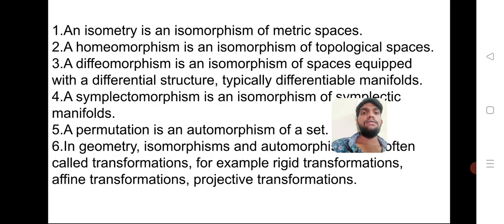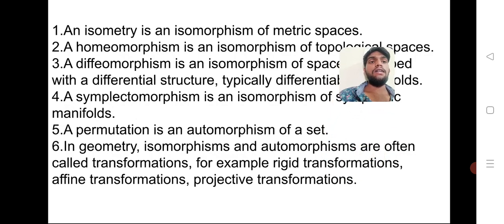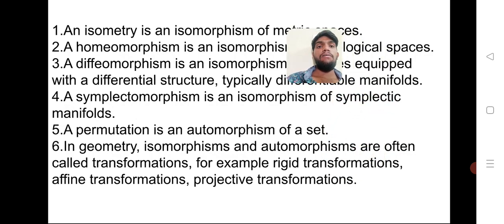A diffeomorphism is an isomorphism of spaces equipped with a differential structure, typically differentiable manifolds. A symplectomorphism is an isomorphism of symplectic manifolds. A permutation is an automorphism of a set. In geometry, isomorphisms and automorphisms are often called transformations.